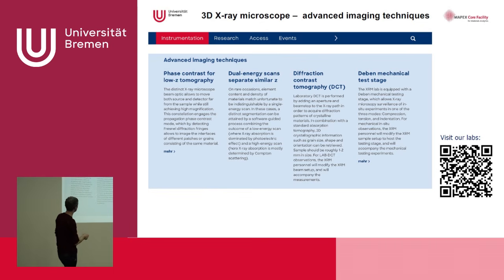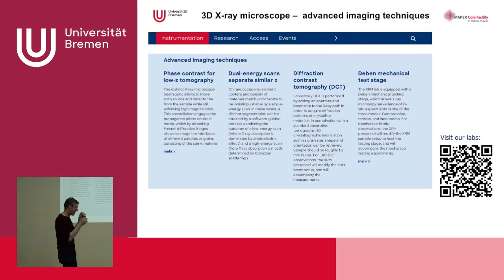Yeah, we have a very interesting X-ray microscope. We have many special advanced imaging techniques. Phase contrast is maybe interesting also for biological samples, because even X-rays have a birefringence, and if you have something in a very light substance, the material contrasts are not so good.